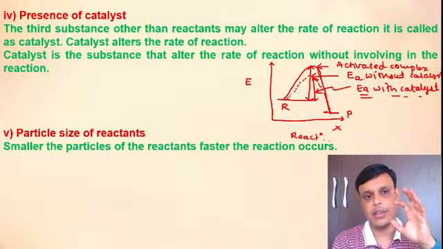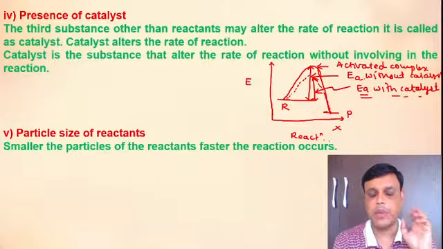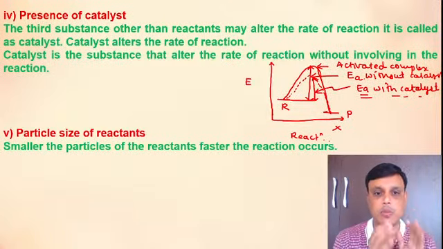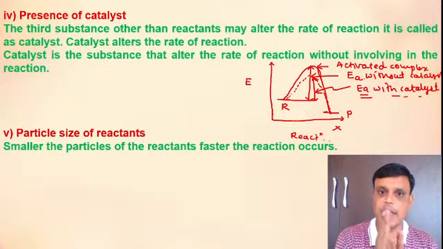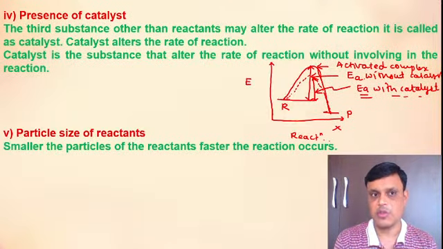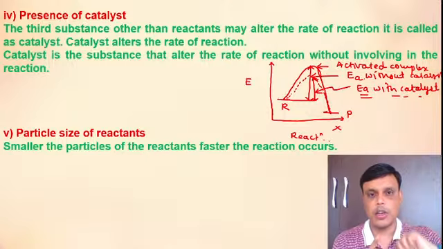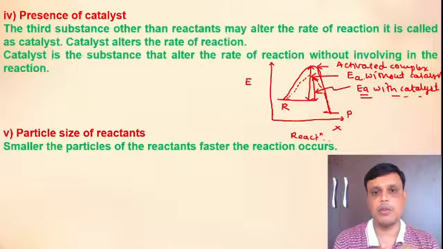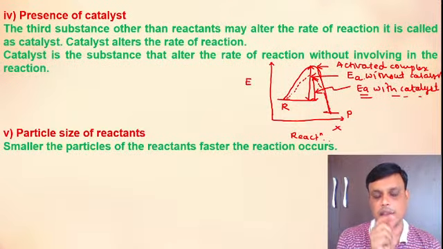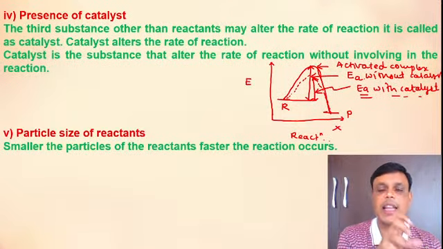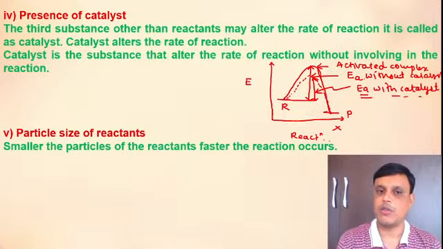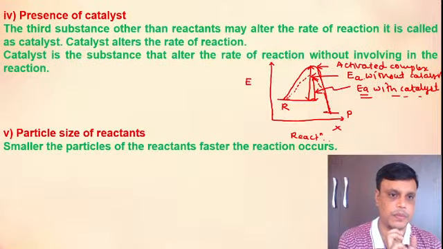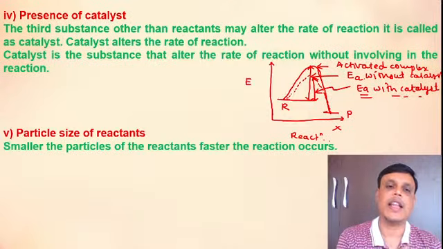If the particles of the solid are smaller, then the rate of reaction is higher. Why? Because smaller the particle, higher will be the surface area, and if the surface area is higher, then the rate of reaction is also faster.